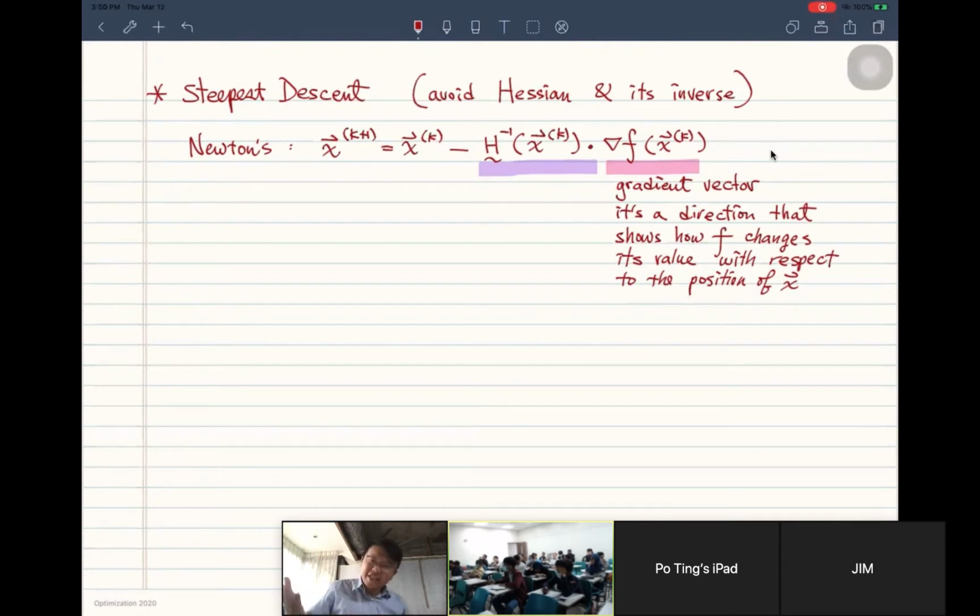So a gradient is about directions. If you look at 1D, this is basically slope, right? So if I have this, this is a slope.